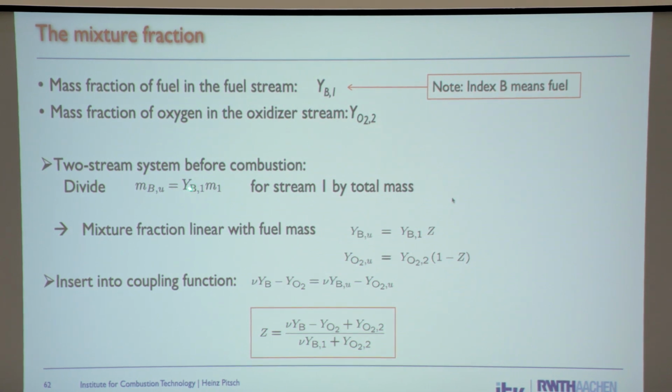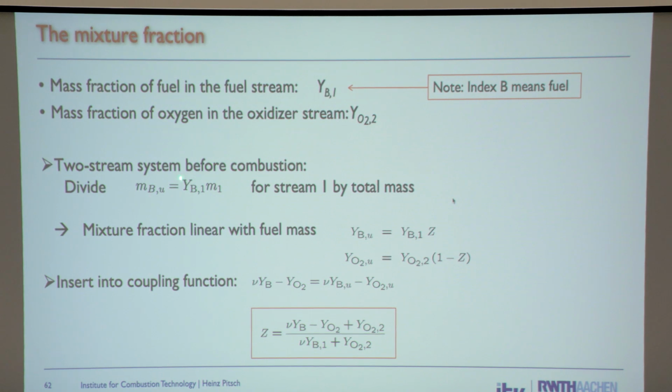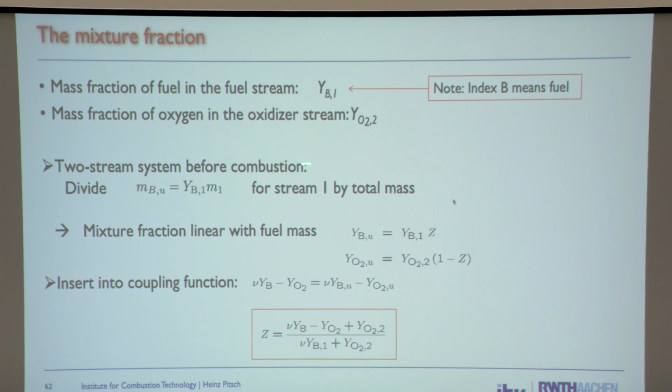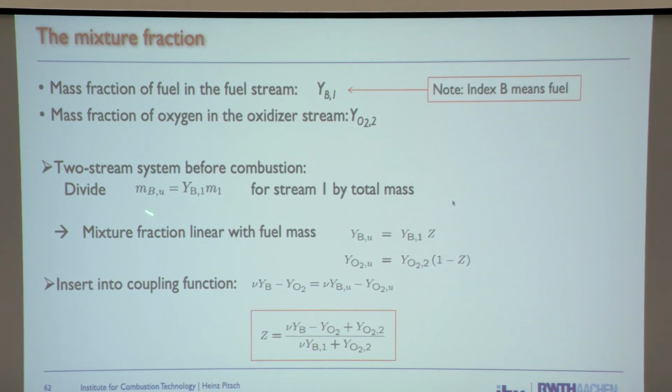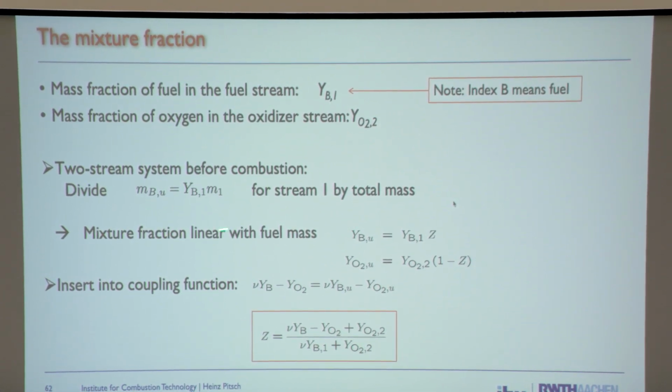And then we look first at what happens before combustion. So this is the definition of mass fraction. Mass fraction is the mass of fuel divided by the total mass in the stream. So if I take this and divide it by the total mass, then on the left-hand side I get the mass fraction.